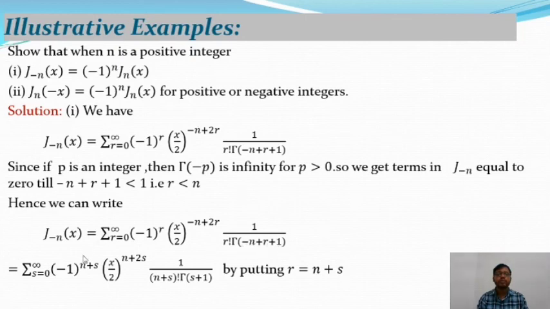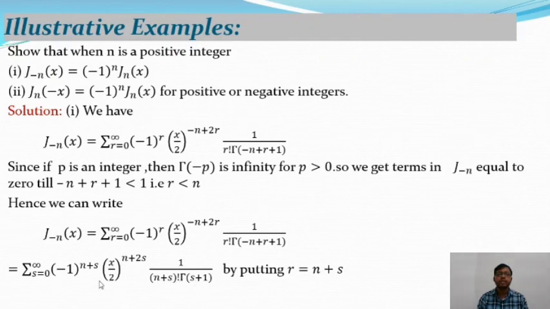Okay, so now we put r is equal to n plus s, then the above Bessel's function is reduced to the summation of s equals 0 to infinity (-1)^{n+s} (x/2)^{n+2s} into 1 by (n+s) factorial into gamma of s plus 1.